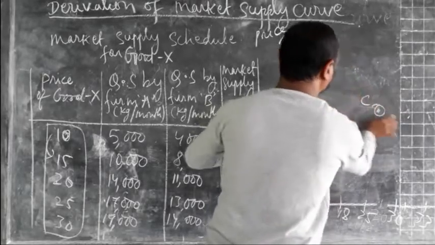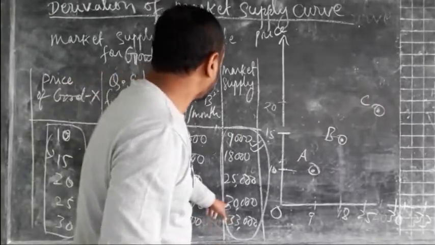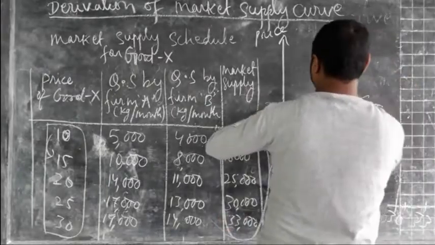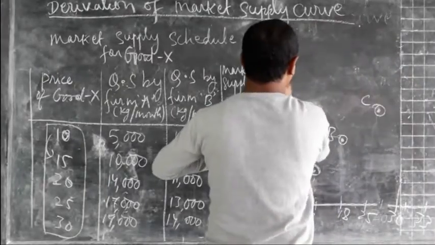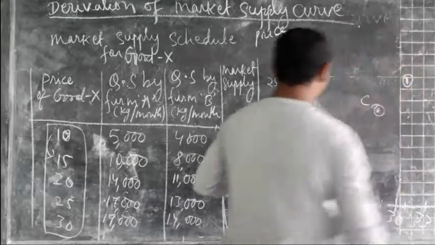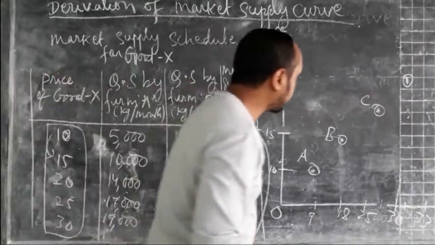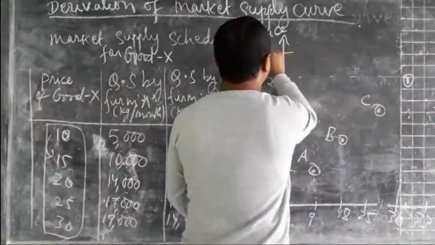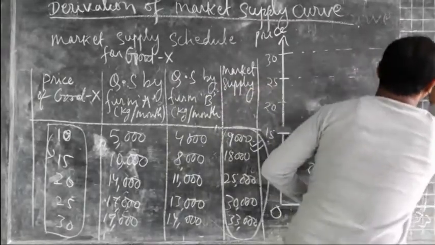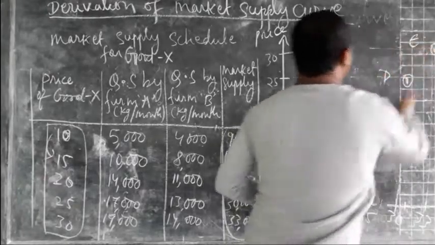So this is point C. Now when price is 25, we have market supply 30,000. So 30,000 here, 25. Now when price is 30, the market supply we have is 33,000. Market supply we have is 33. Now suppose this is point D, this is point E.